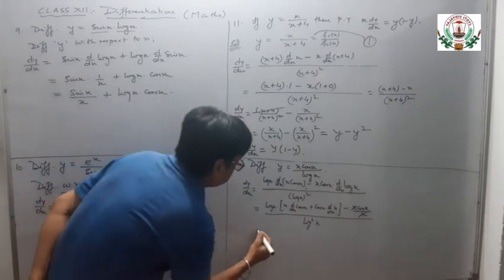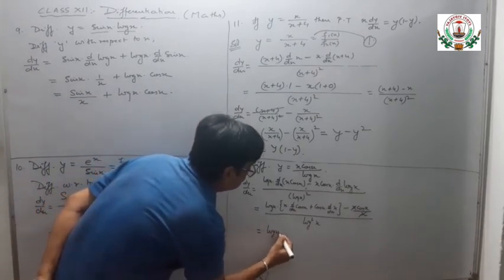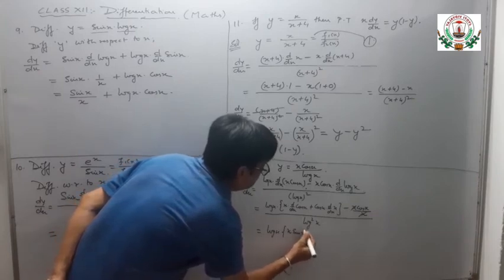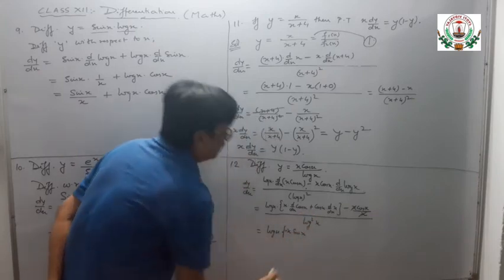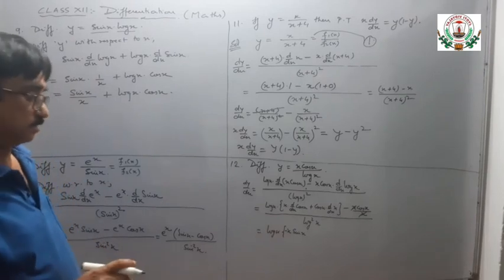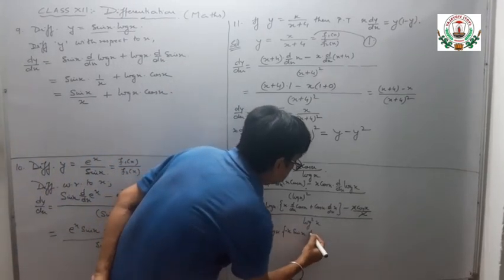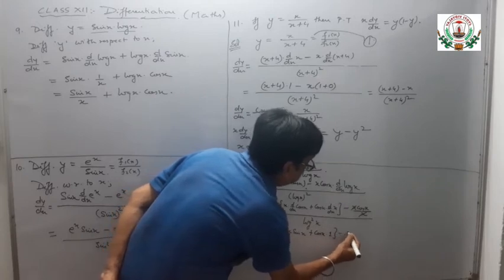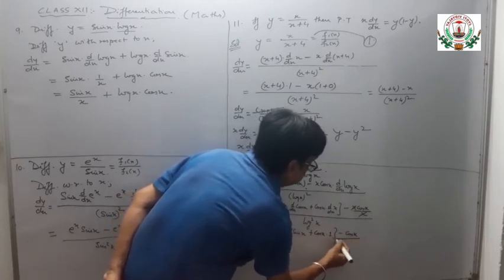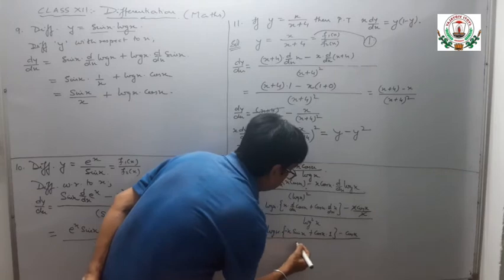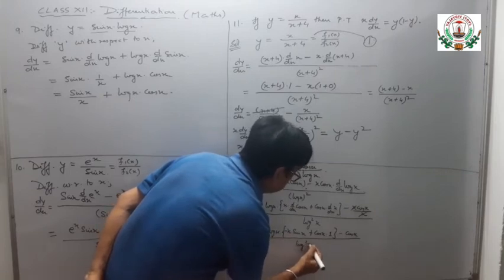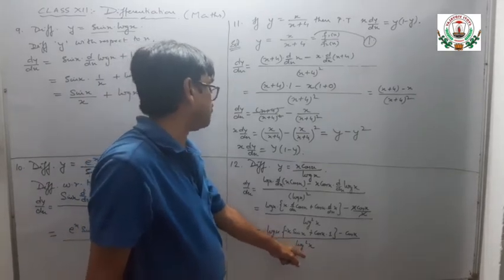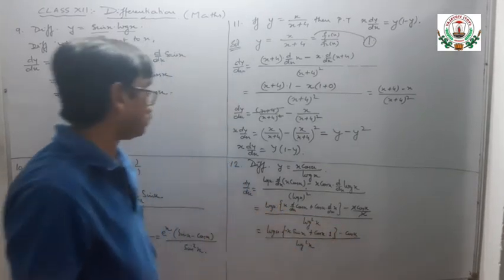Now, log x, x sin x, as d by dx of cos x is minus sin x, so it will become minus x sin x plus cos x, d by dx of x is 1, minus cos x divided by log square x. We can't cancel this log x and log square x as there is a function minus cos x also.